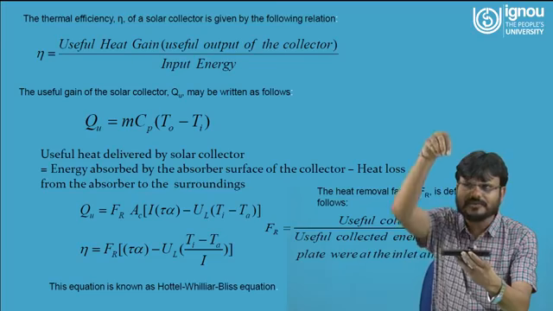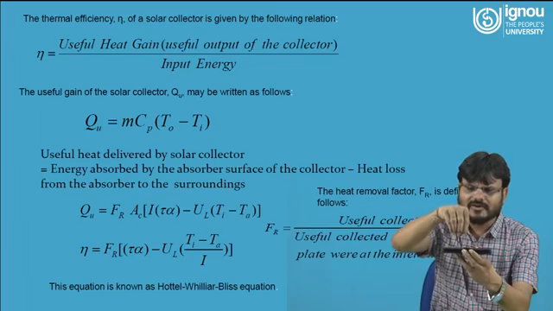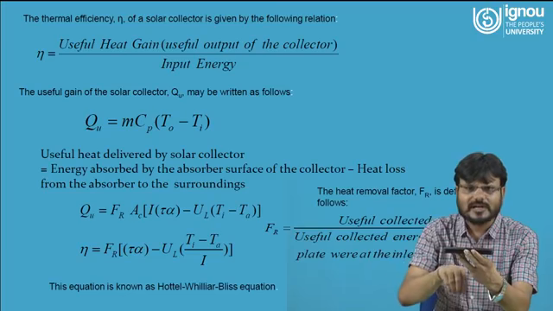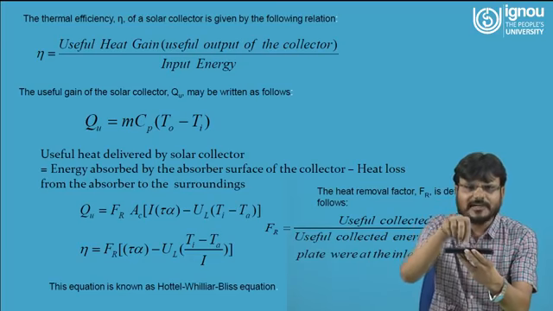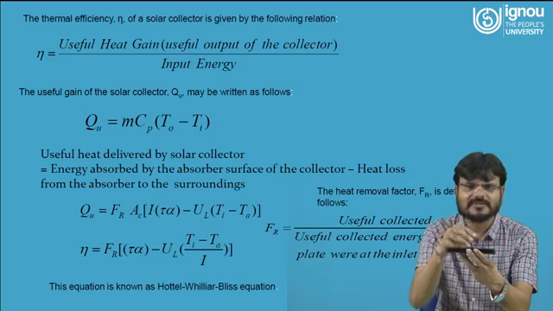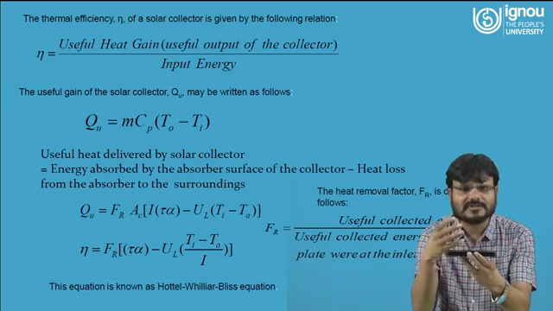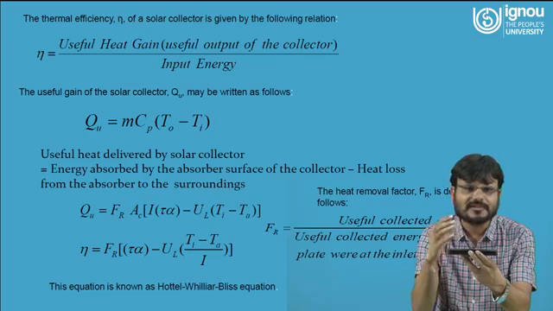Now what will happen? Heat will come onto the glass, and this heat will be transferred to the absorber. That means I_T multiplied by the transmittivity of the glass, where suppose the transmittivity of glass is 1 if it is a perfect glass, that means it can transmit total solar radiation.